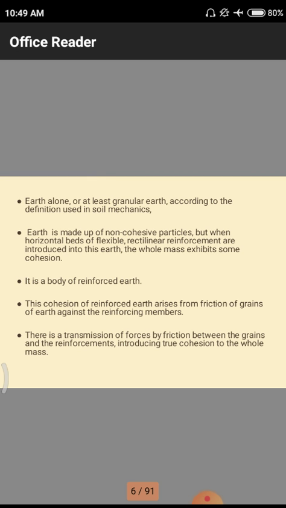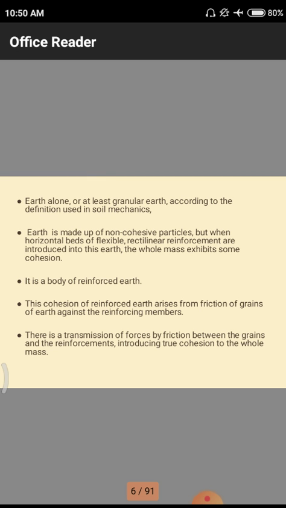But in case rectilinear reinforcement is introduced into the earth, rectilinear meaning a kind of reinforcement which has different shapes, those reinforcements we call rectilinear reinforcement. Introduced into the earth, the whole mass exhibits some cohesion. Cohesion means, simply, one onto another, like the shear we are facing. The cohesion is entirely opposite to this shear force. It is a body of reinforced earth.